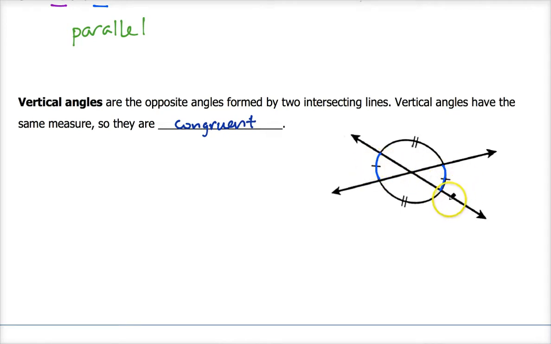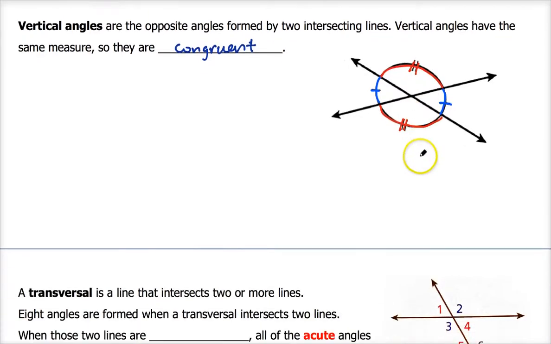They have the same angle measure, and that's what these single tick marks represent. And then we also have another pair of vertical angles next to these angles. This angle here is congruent to this angle here. So angles that are opposite or directly across from each other, again, we call those vertical angles, and they have the same angle measure. They are congruent.